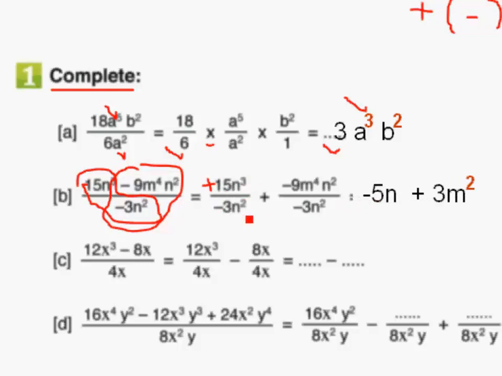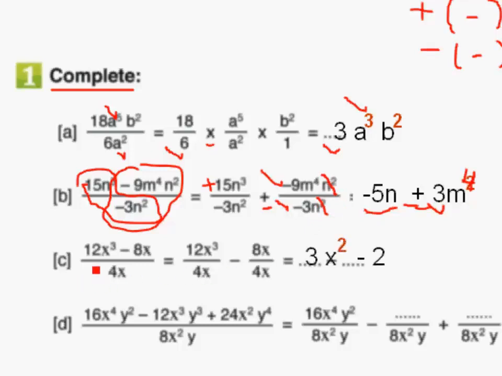N cube divided by n square is n, with minus divided by minus. As I told you, minus times minus is plus. 9 divided by 3 is 3. M to power 4 divided by 1 because we don't have m as a denominator, so it will be m to power 4. And here we have n to power 2 divided by n to power 2. It can be eliminated together.